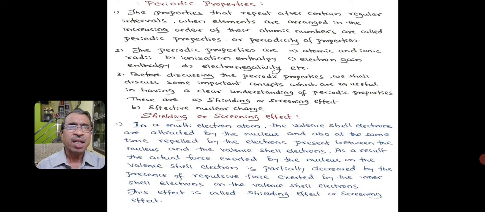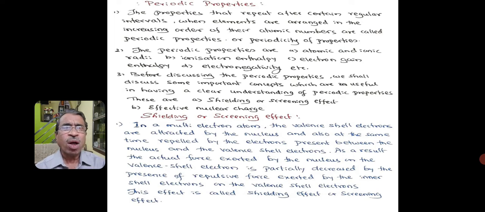Before discussing the periodic properties, we shall discuss some important concepts which are useful in having a clear understanding of periodic properties. These are shielding or screening effect, and second, effective nuclear charge. Let us study what we mean by shielding or screening effect.